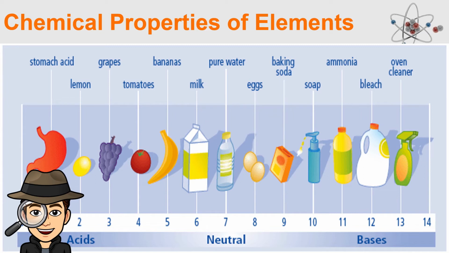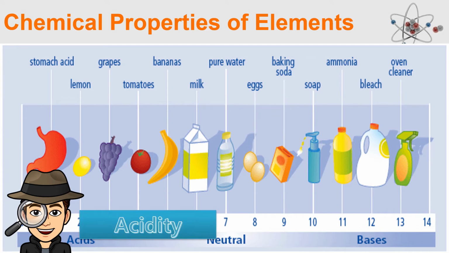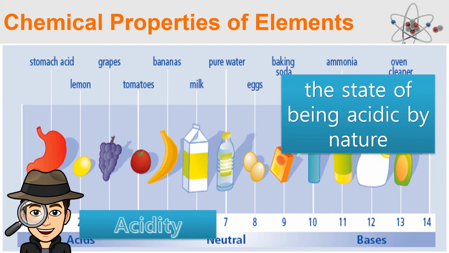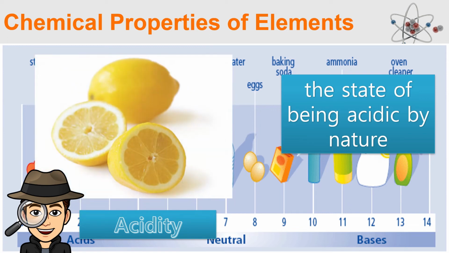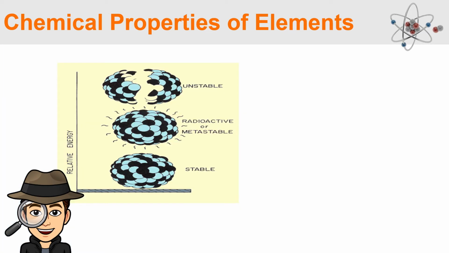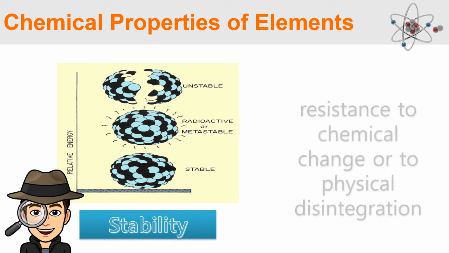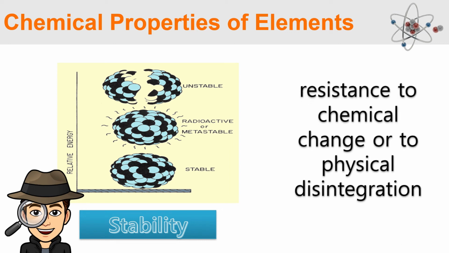The next chemical property is acidity. This refers to the state of being acidic by nature, which is usually measured through a pH meter. The last chemical property of elements refers to the resistance to chemical change or to physical disintegration. This is known as stability.